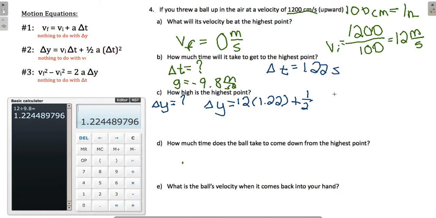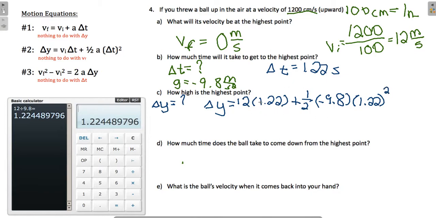We know that's the negative 9.8, so multiplied times negative 9.8 times the time squared. So our time is still the 1.22. We just have to square that value.